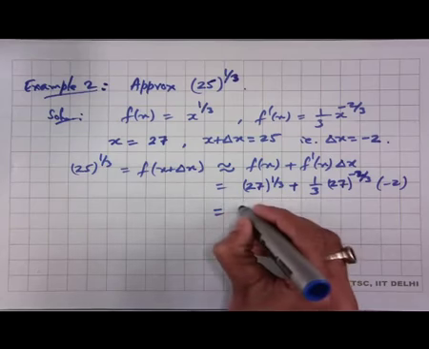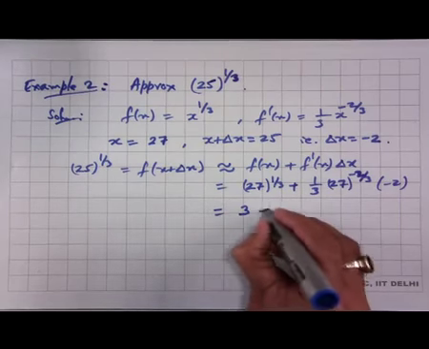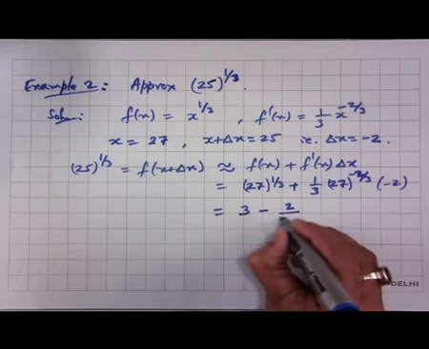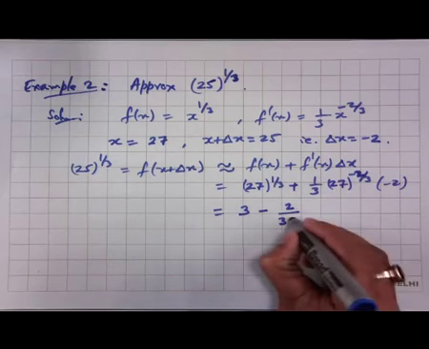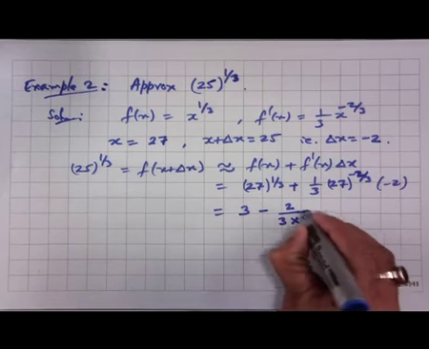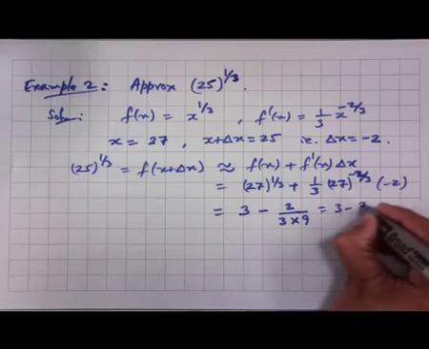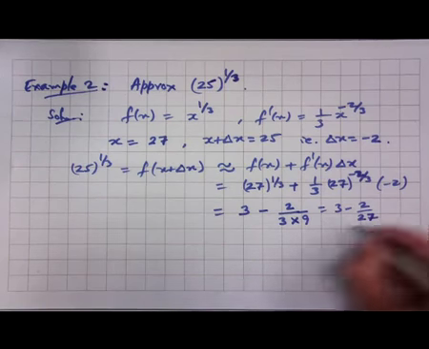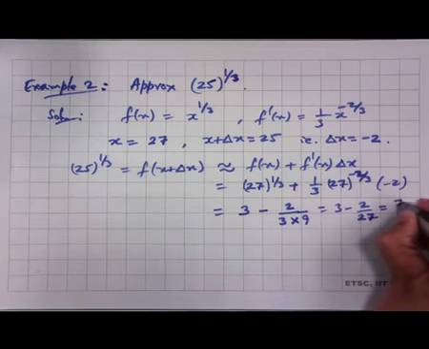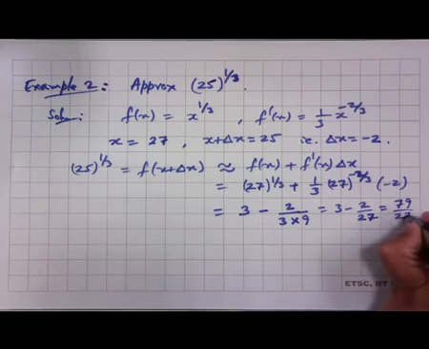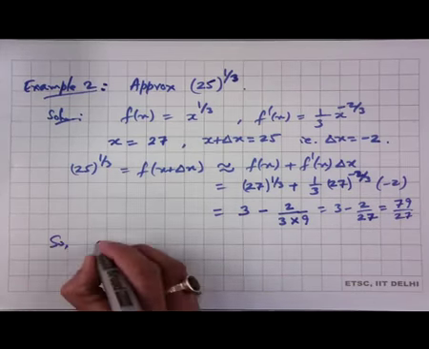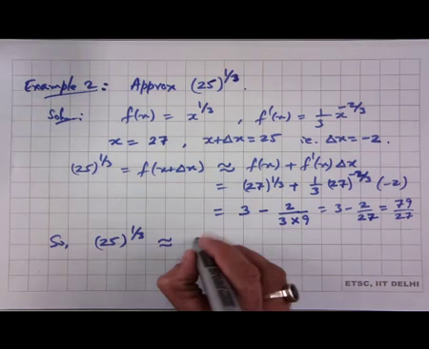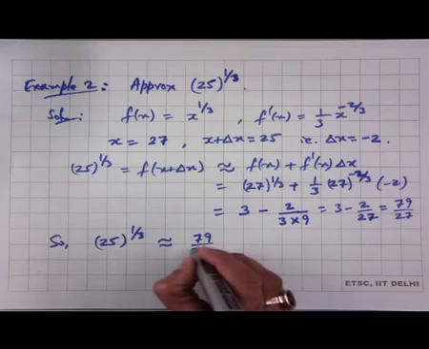So, the cube root of 27 gives me 3, minus 2 by 3 times 9, so 3 minus 2 by 27, which is equal to 79 by 27. So, the cube root of 25 is approximately equal to 79 by 27.